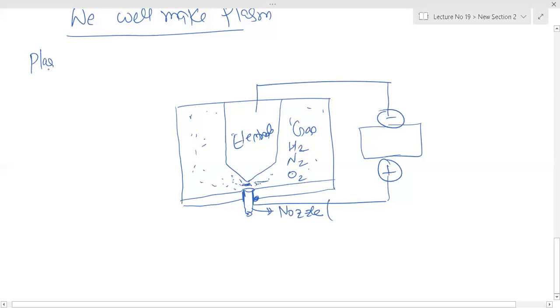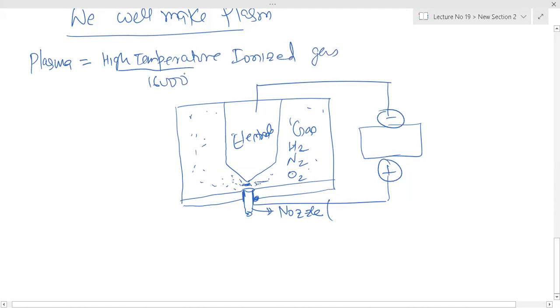Plasma is basically high temperature ionized gas. And I said it may be up to 16,000 degrees centigrade.